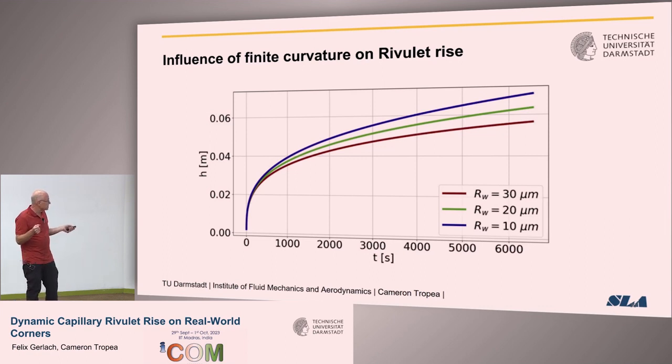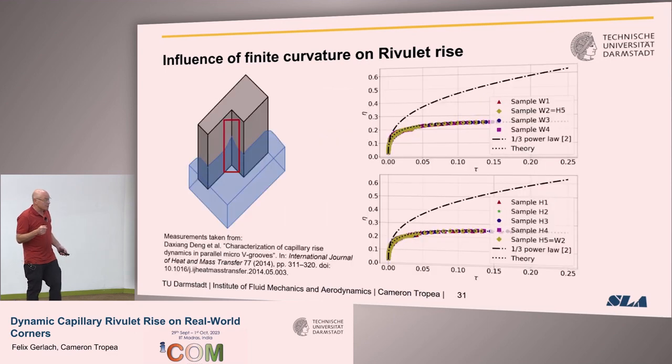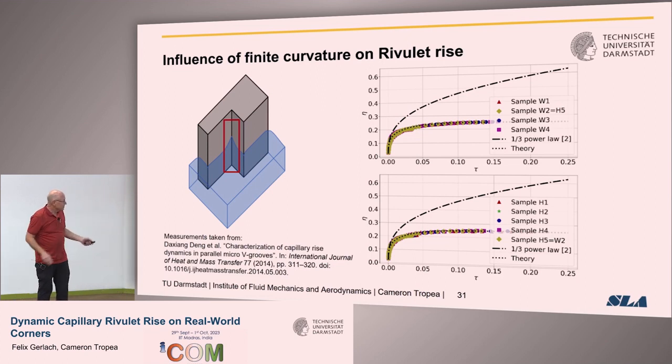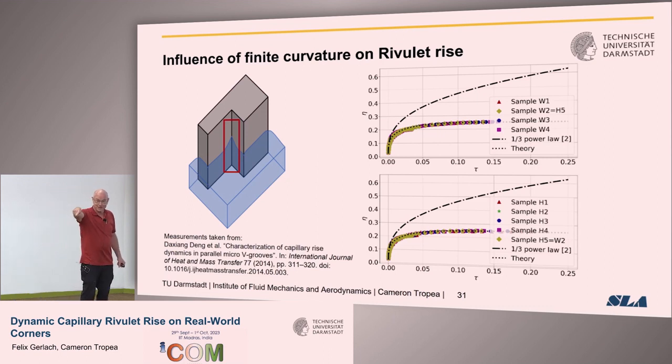Here I've left it in seconds and height. And not only that, we can go to data from the literature, in this case from Deng et al., and we can fit our model to their data and then tell them what their radius of curvature was, which they didn't know, of course. They didn't think about that.